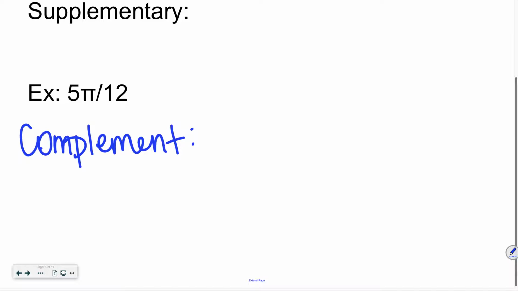On the slide previous, we defined that a complement is two angles that add up to be pi over 2.